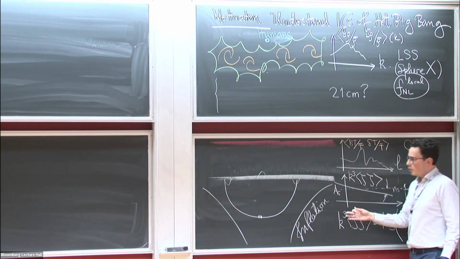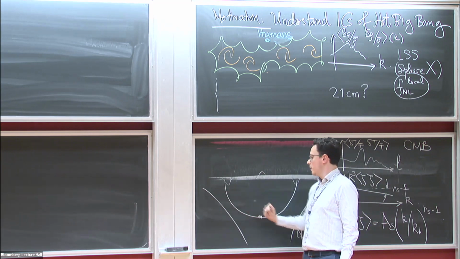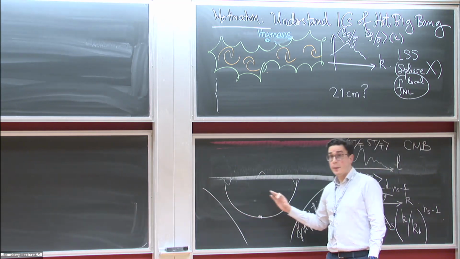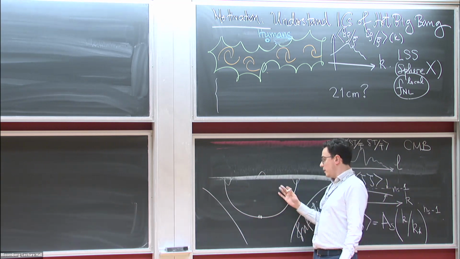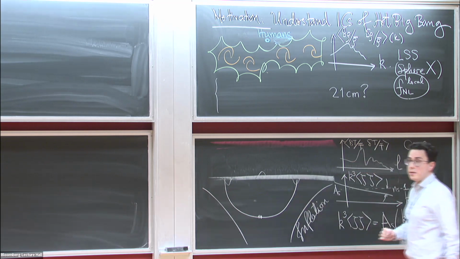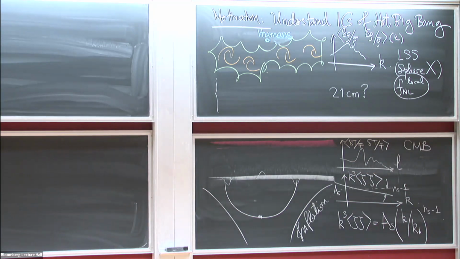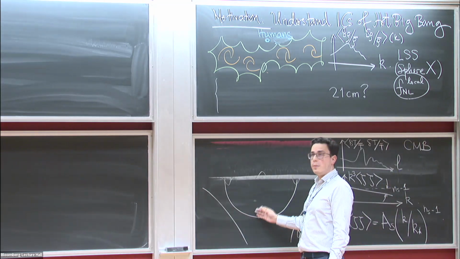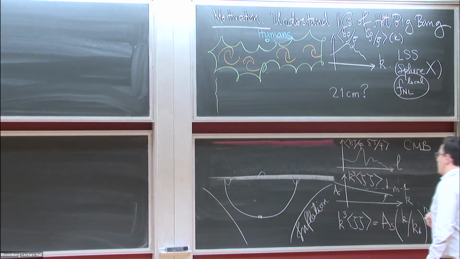But from the 2-point function, we know very little about this period. We only know that compared to the typical energy scale during inflation, the Hubble scale during inflation, this is a very light scalar field. We don't really know much more. And we would like to know what this theory is all about, where do these scalar perturbations come from, and so on.